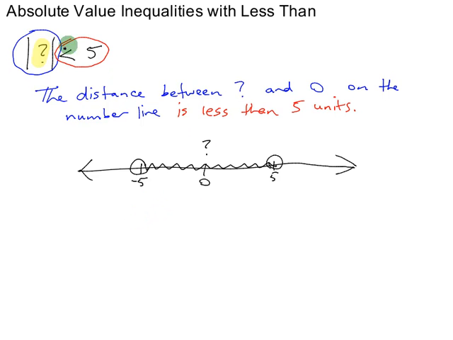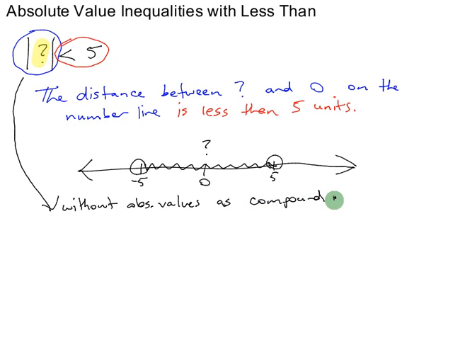So now what we do is we take this inequality and we rewrite it without absolute values. And now we rewrite it as a compound inequality. So compound inequalities involve and or. Clearly question mark is greater than -5, and it's also less than +5.